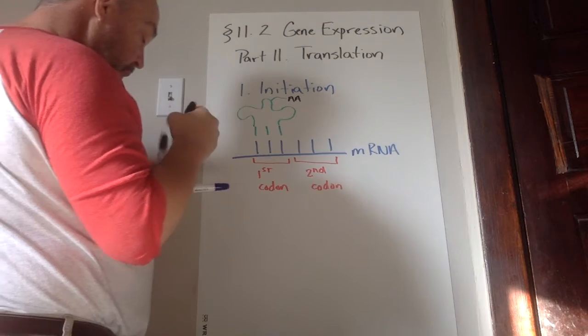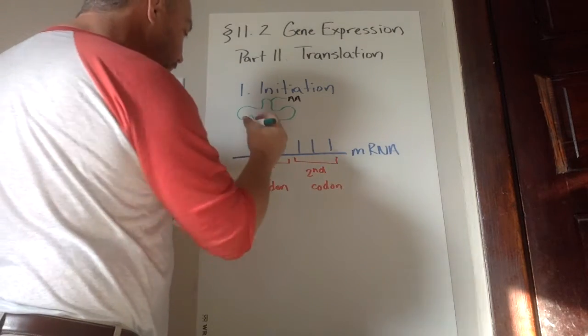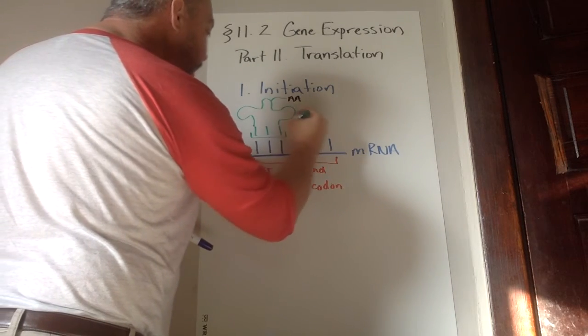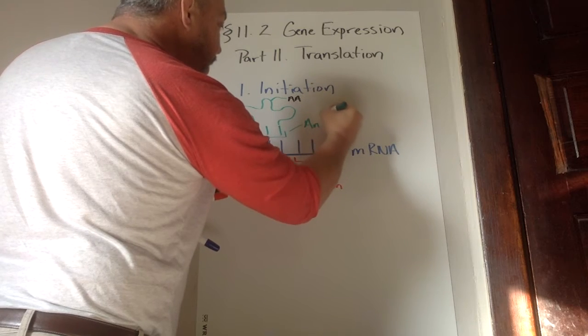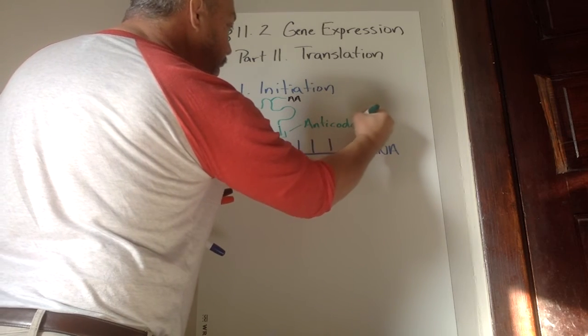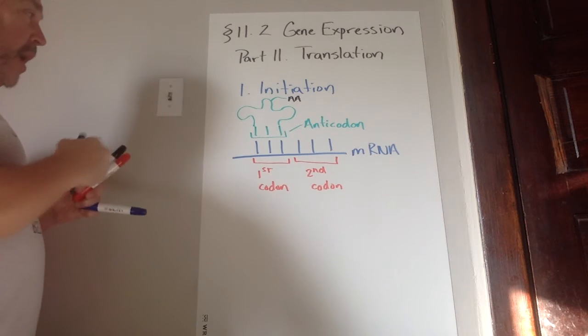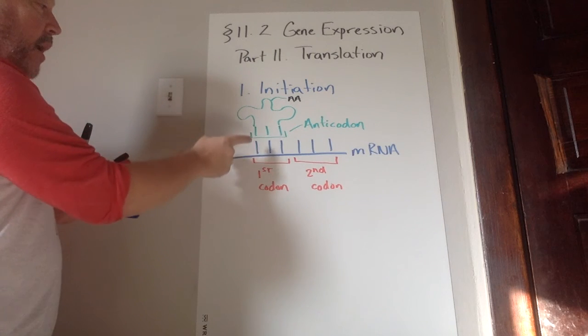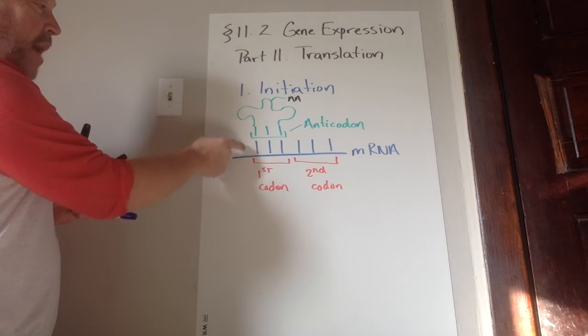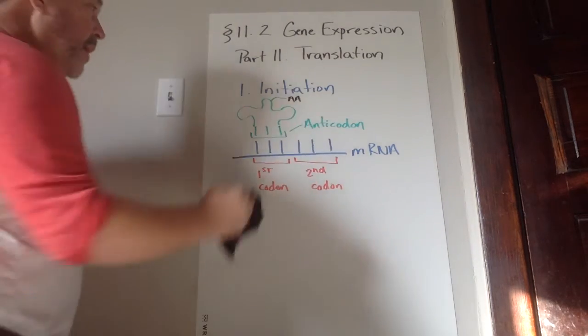So this tRNA, these 3 are the anticodon. And this is how they find each other. This is going to be an RNA, and this is going to be RNA, and they will have complementary base pairs.